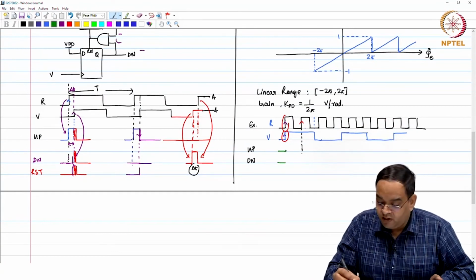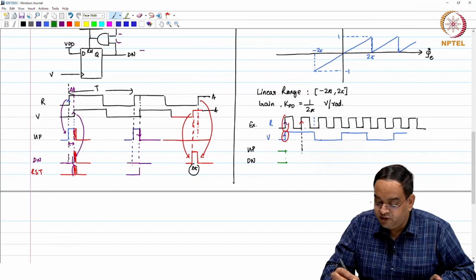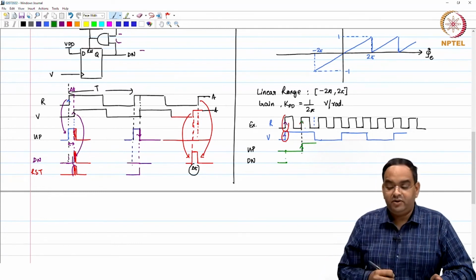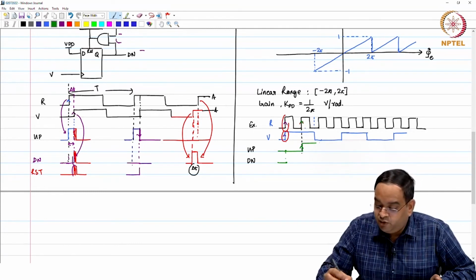Then as soon as you get a rising edge on R, up goes high. Okay. And you do not have a rising edge on V yet. So, your up will be maintained, down will keep 0.